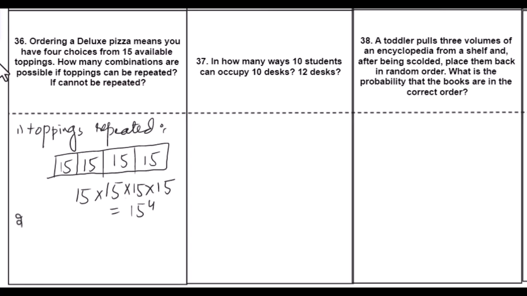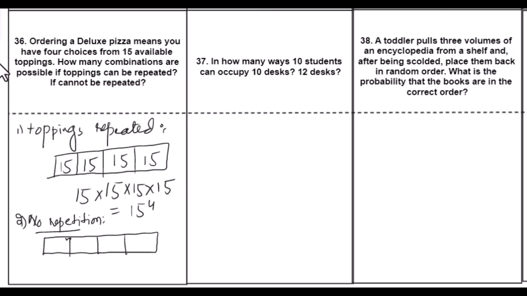Similarly, the second part of this is asking us that the toppings cannot be repeated, so no repetition is allowed. Again using the same slot concept here, 1, 2, 3 and 4.